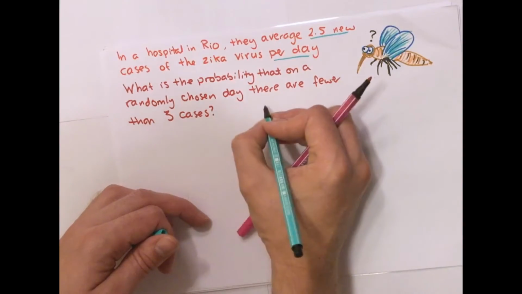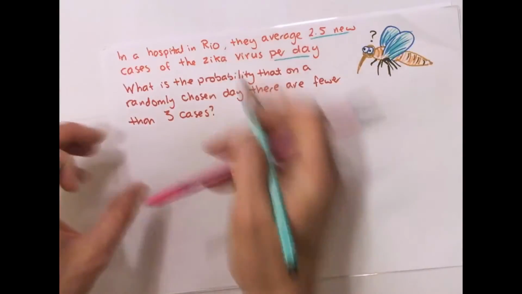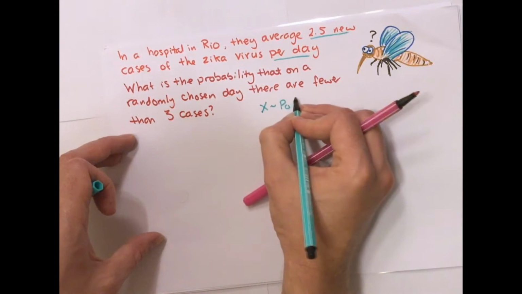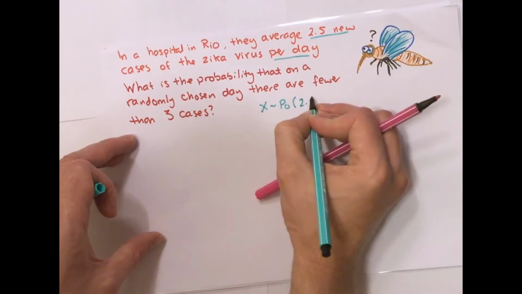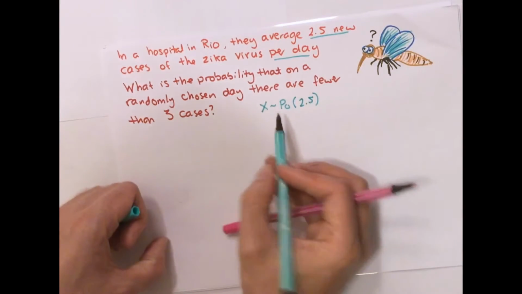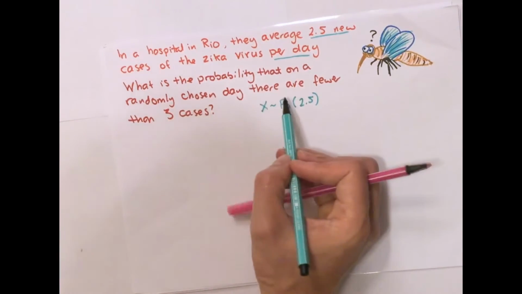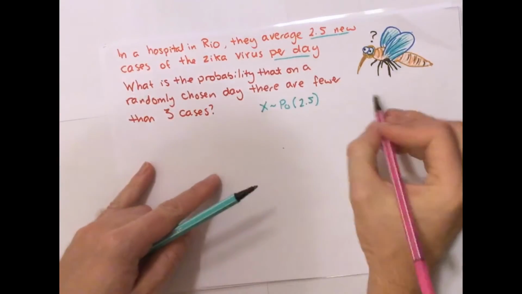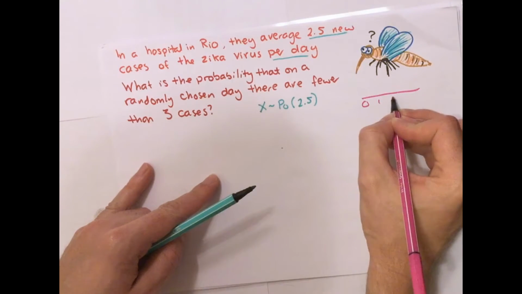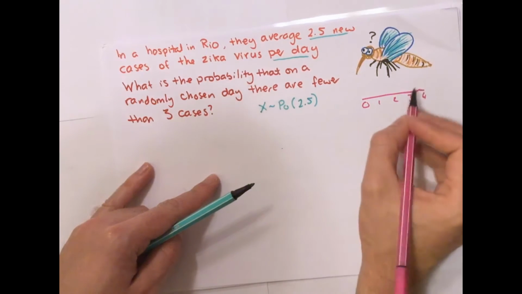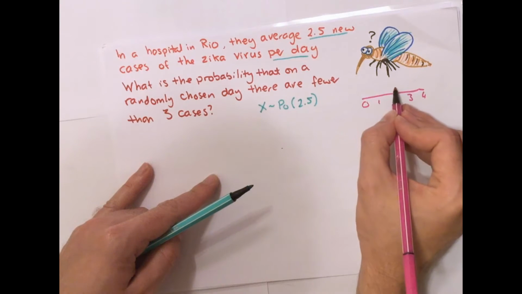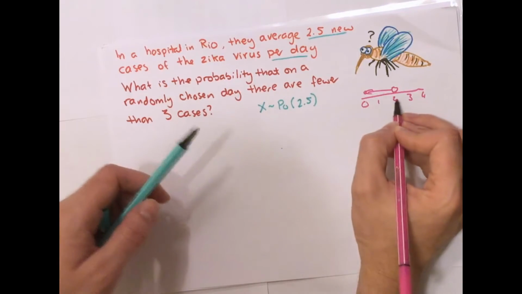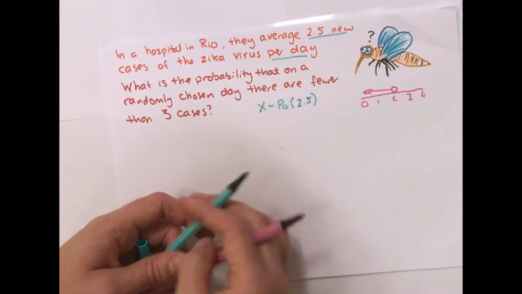So before I even read anything else, I know that x is going to be distributed by the Poisson with a lambda of 2.5. We have to find that on a randomly chosen day, there are fewer than 3 cases. Let me double check: fewer than 3, so on the number line 0, 1, 2, 3, 4, we can't include 3, but must include 2. So fewer than 3 is the chance of getting 0, 1 or 2 cases.